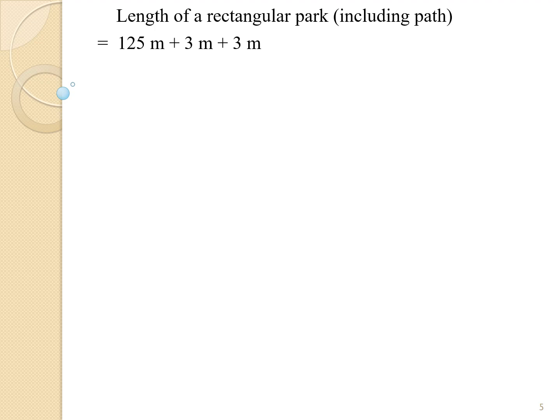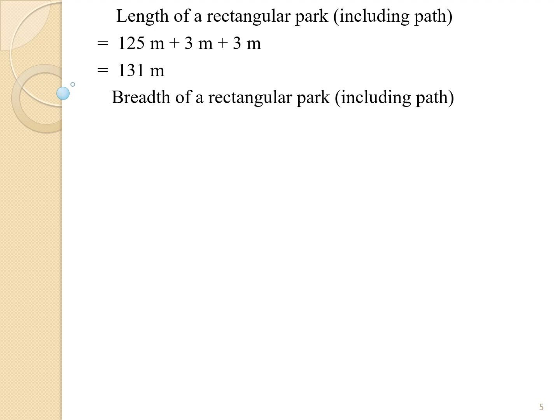Now again, adding 3 to 128, we get 131. Thus, length of the rectangular park is 131 meters, and breadth of the rectangular park including the path is equal to 65 meters plus 3 meters plus 3 meters, which is equal to 71 meters.